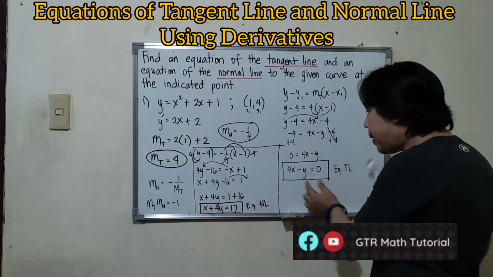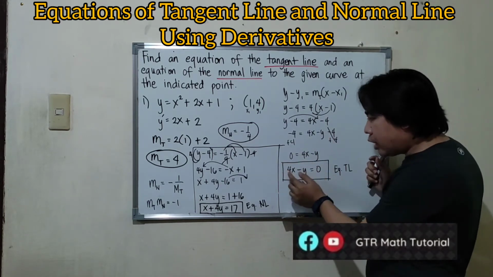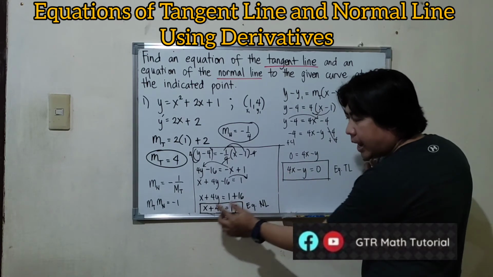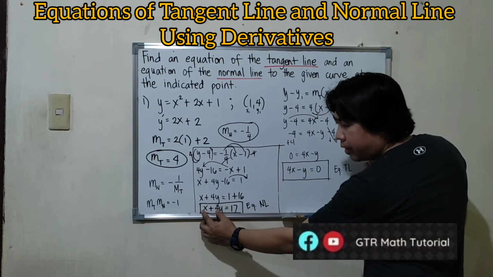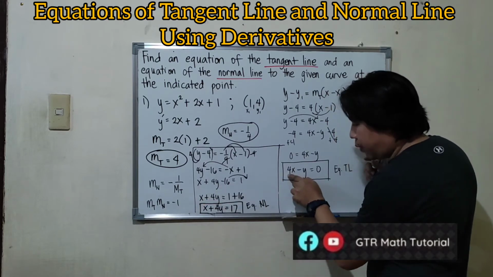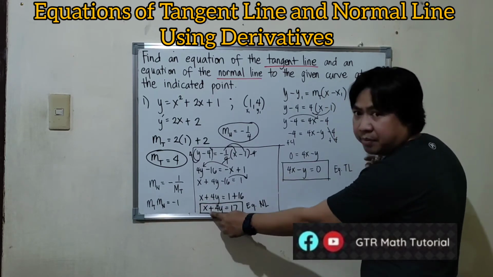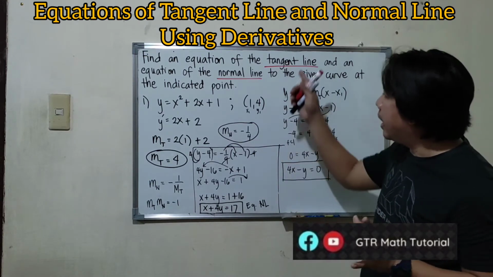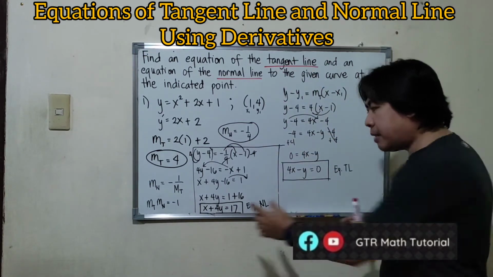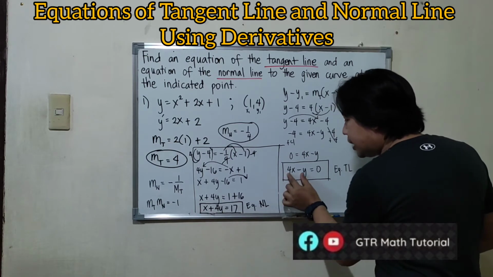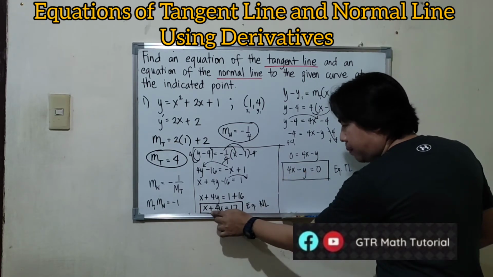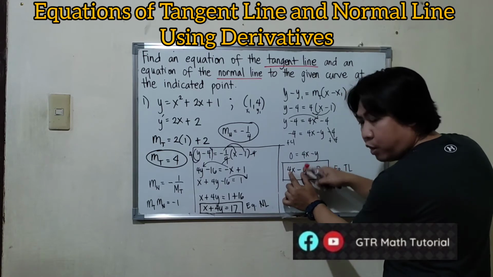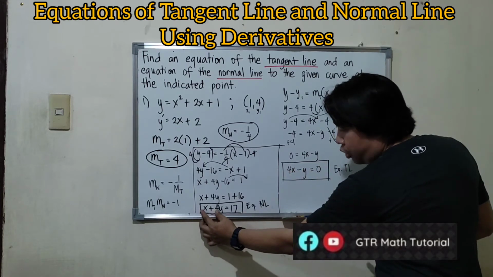Notice that they have the same numerical coefficients, 4 and 1, and for the normal line, 1 and 4, but with different signs: minus here and positive here. That's the pattern in the equations of the tangent and normal line. The numerical coefficients should be the same but the signs different, positive and negative. 4 and 1, with an invisible 1 there, and then 1 and 4.